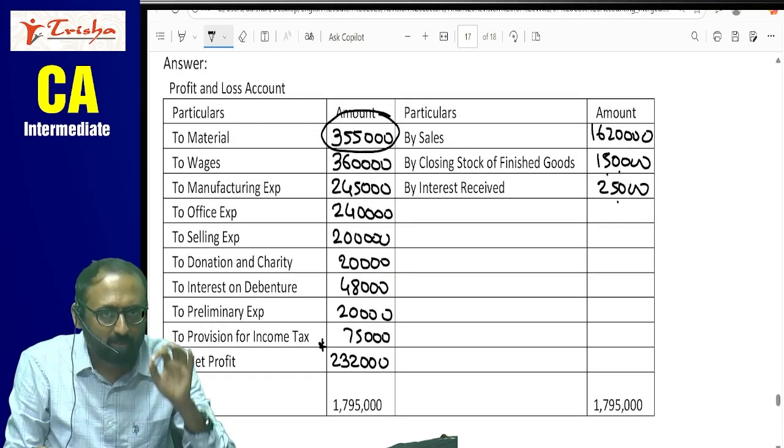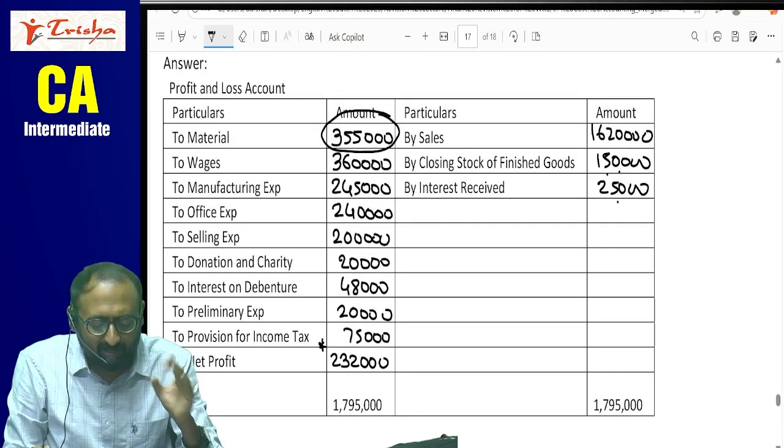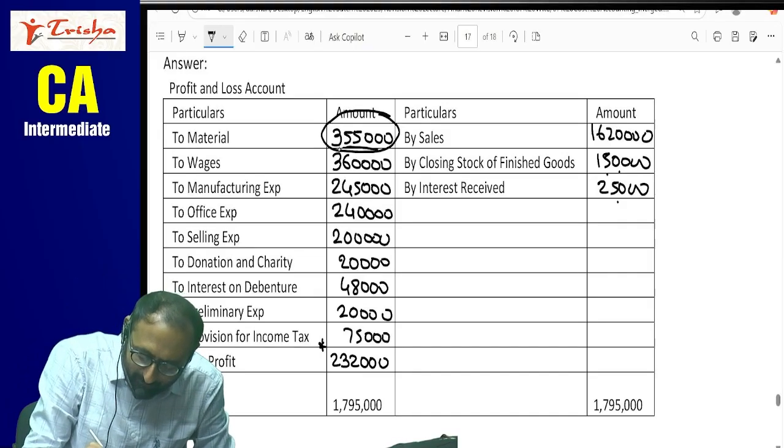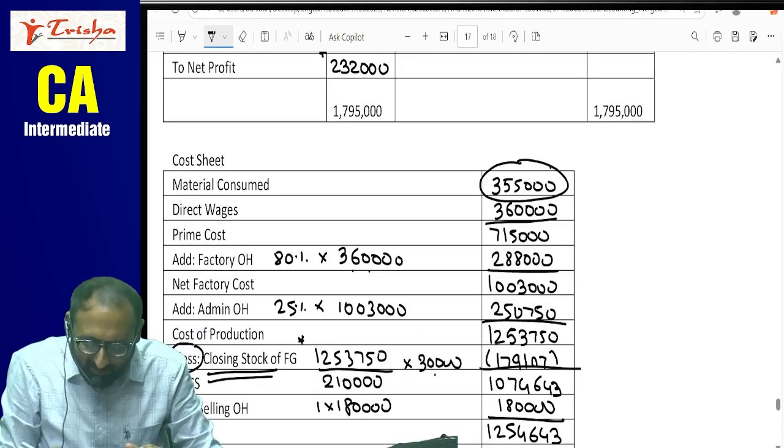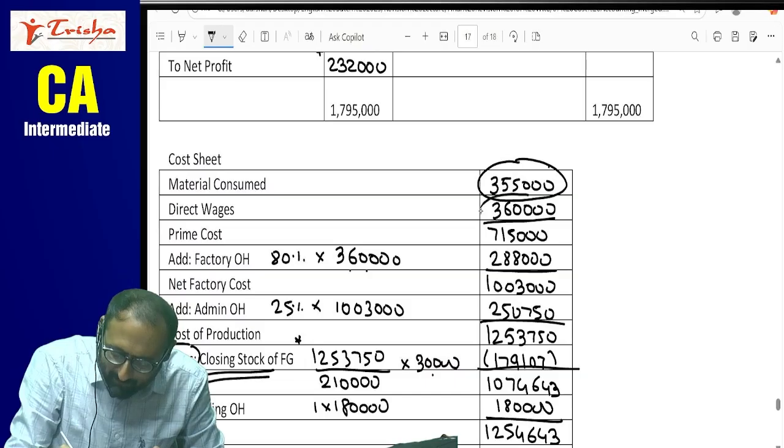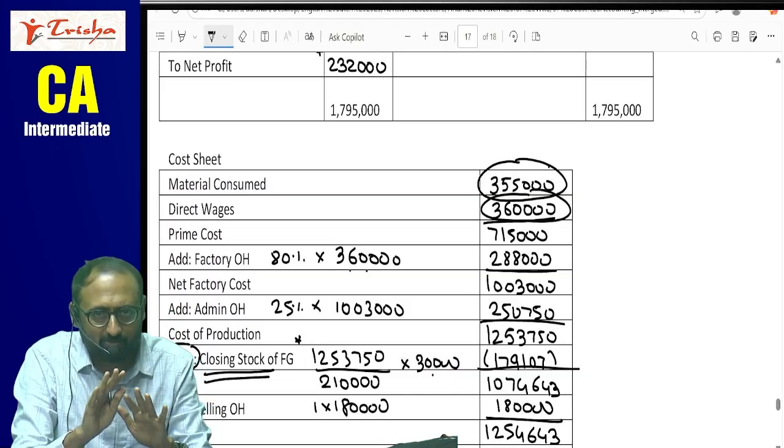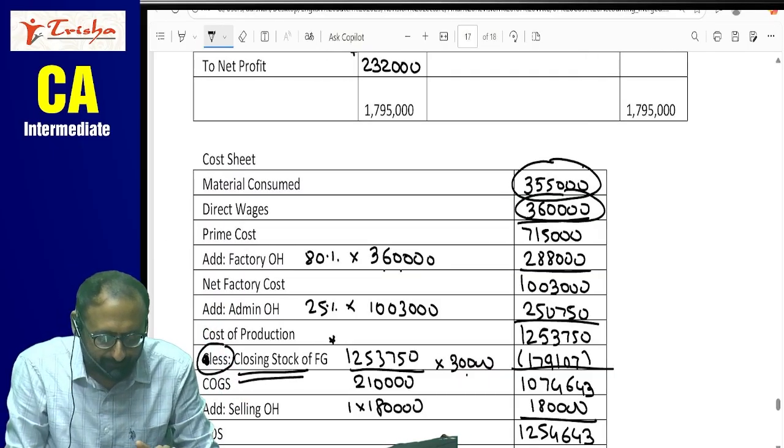Next item, the second item. Wages 3,60,000 here, and 3,60,000 there. Absolutely no difference, so no point of reconciliation here.